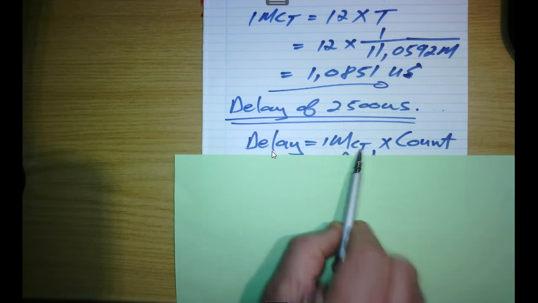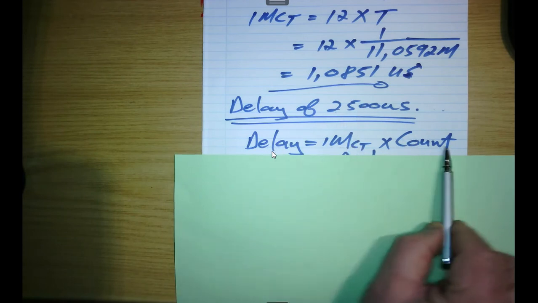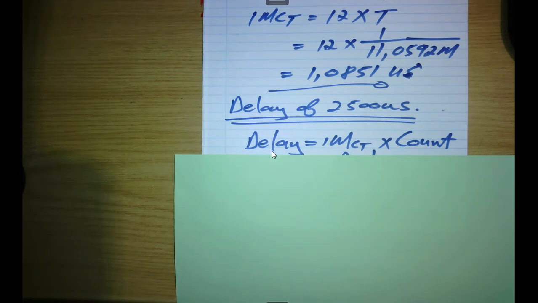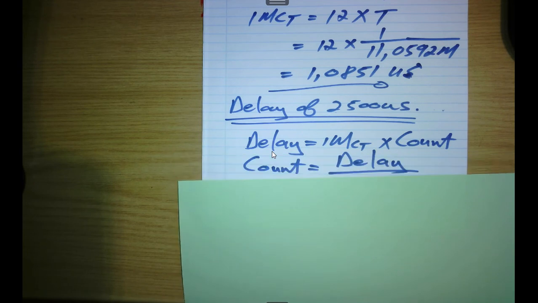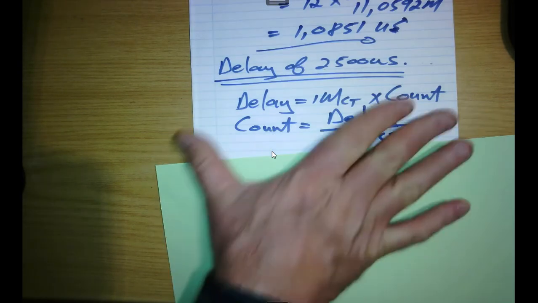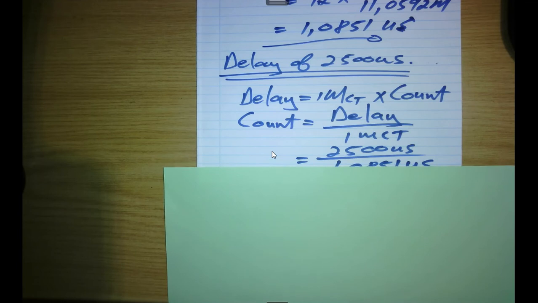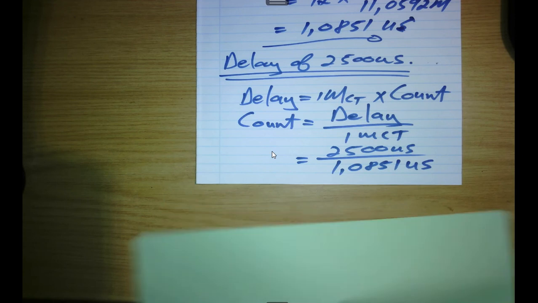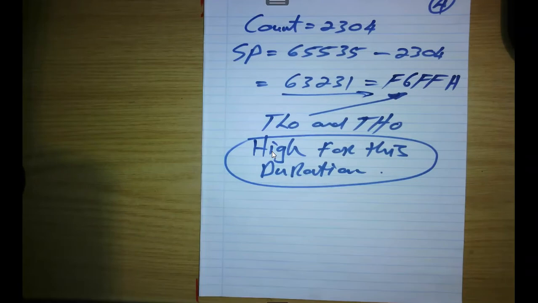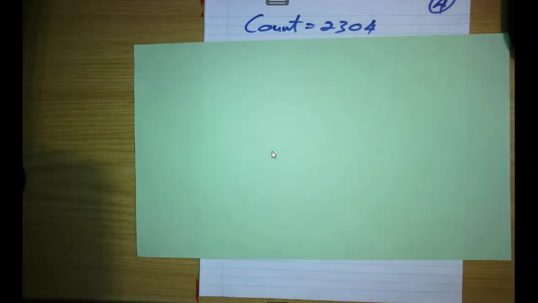The machine cycle time is known to us, and then it means how many counts do I need in my timer. If I'm talking about the 8051, I need a certain number of counts in that specific timer. And we can then calculate this, and you'll see that this works out to be 2,500 microseconds divided by 1.085 microseconds, and that then comes to a count of 2,304.